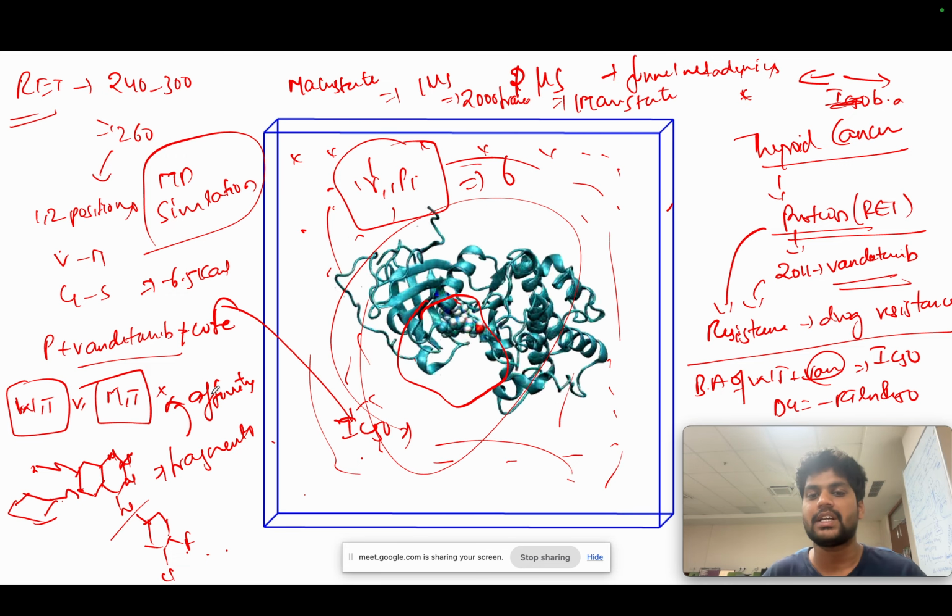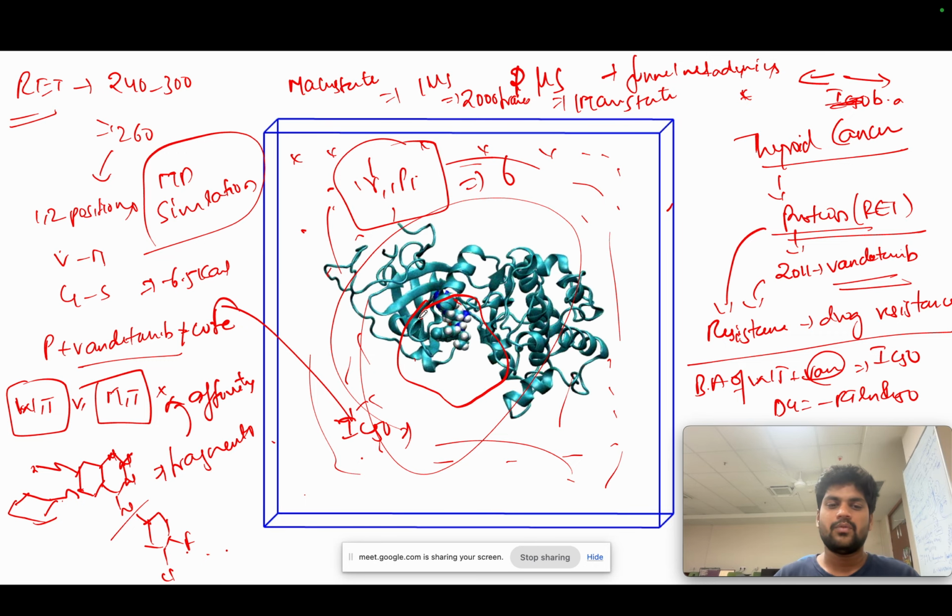Then we said our simulation results are correct, and whatever new molecule we propose, we say that from the simulation point of view this molecule can have better affinity, and the experimentalists need to figure out whether the molecule is good or not. This is one type of use of the MD simulation. Any doubts in this type of problem?